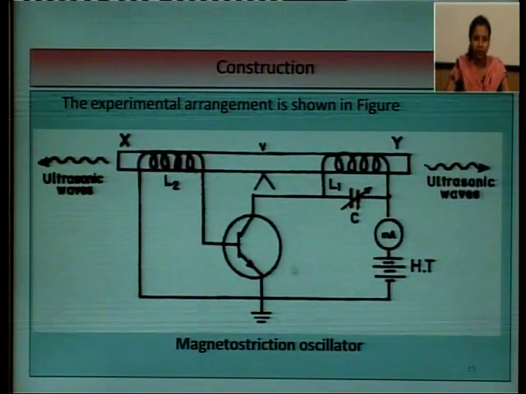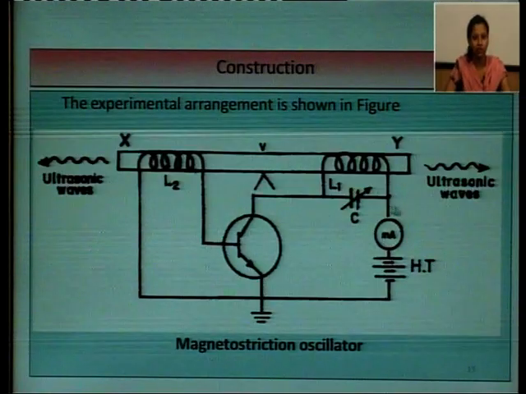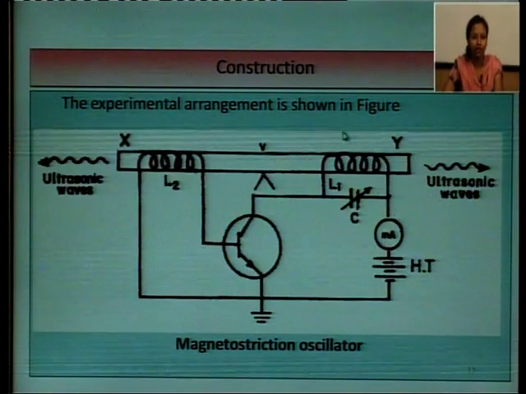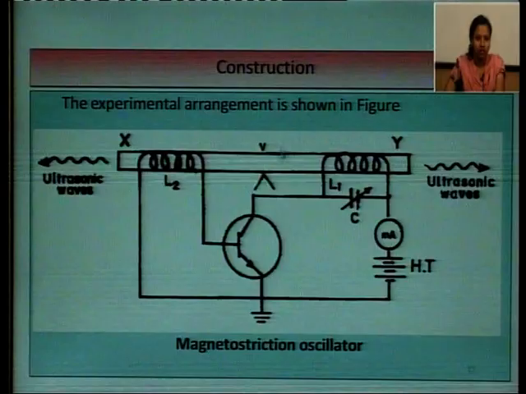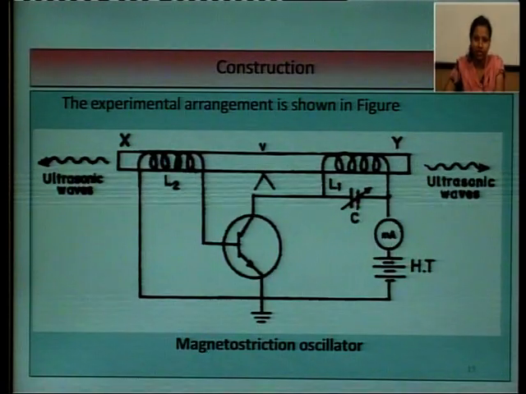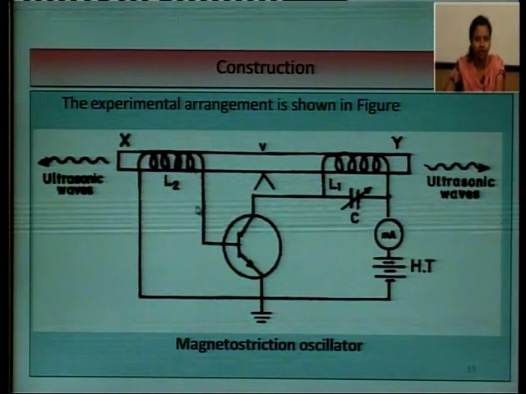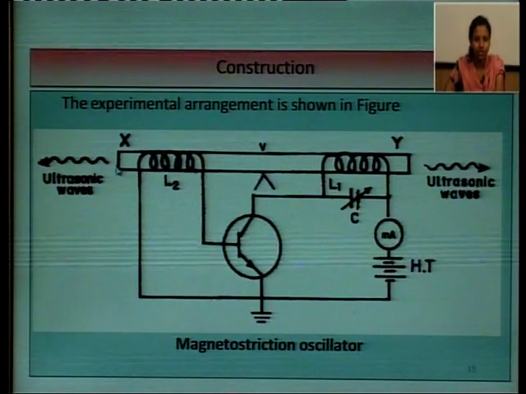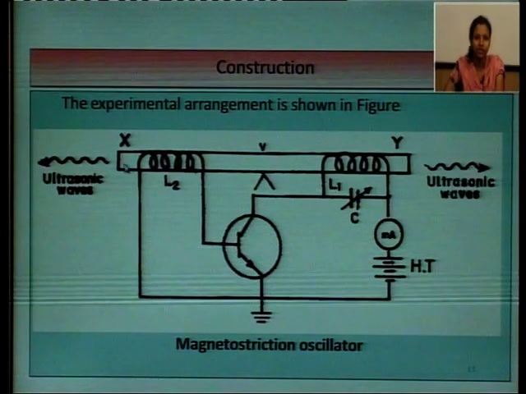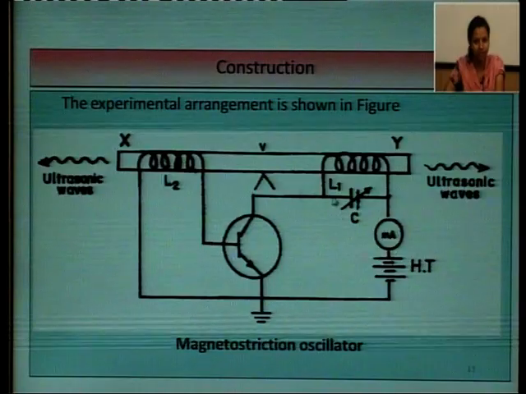So this one is the experimental arrangement for the magnetostriction oscillator. XY is a rod made of nickel or iron, which produces ultrasonic waves and is ferromagnetic in nature.